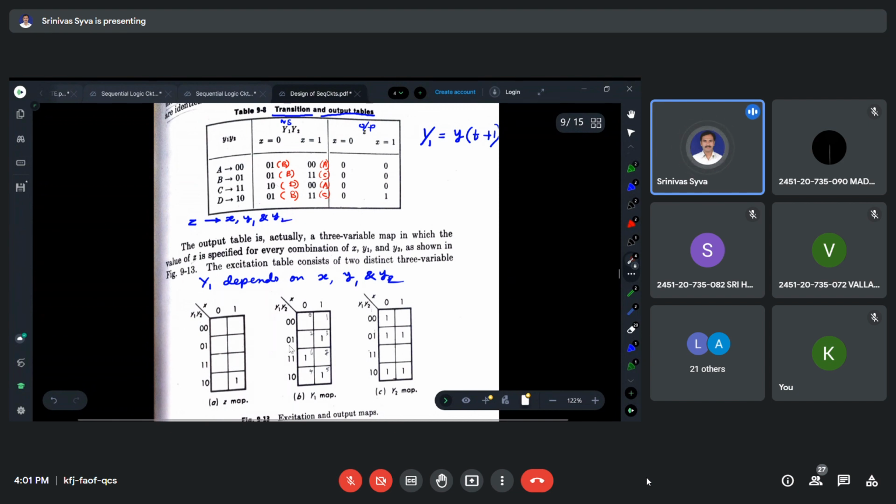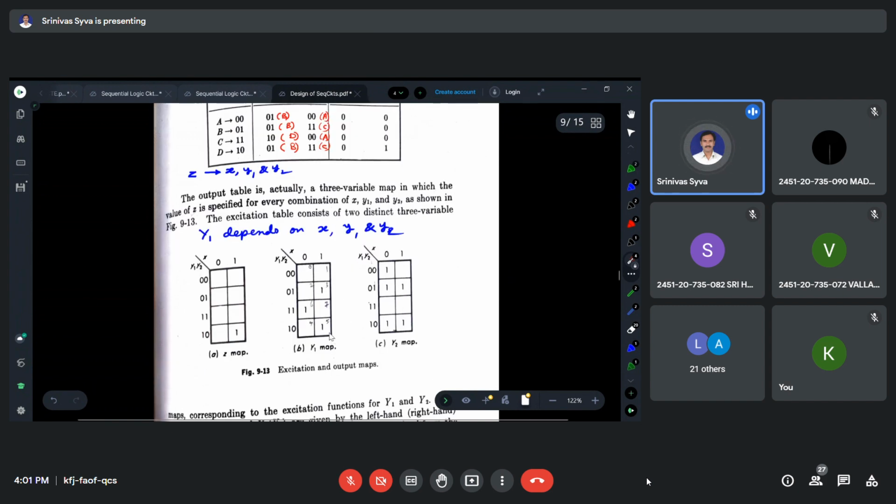So from this we have drawn this Karnaugh map for y1.